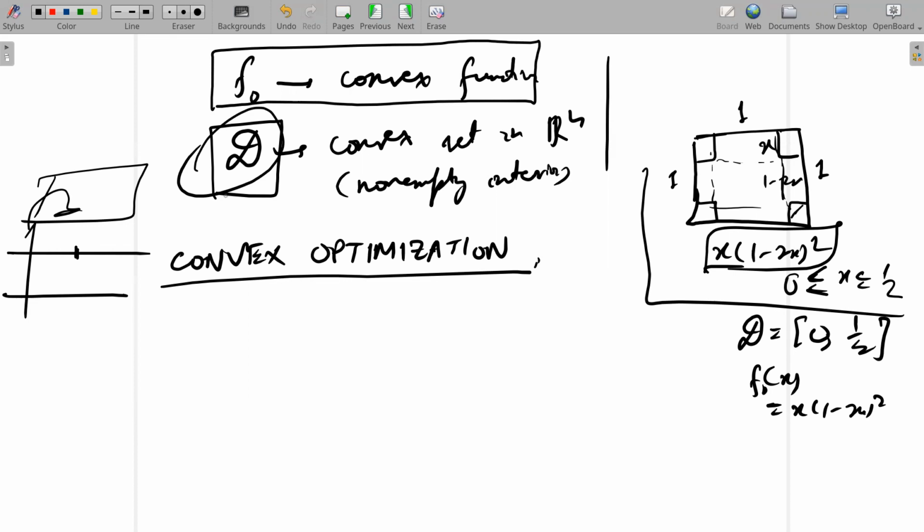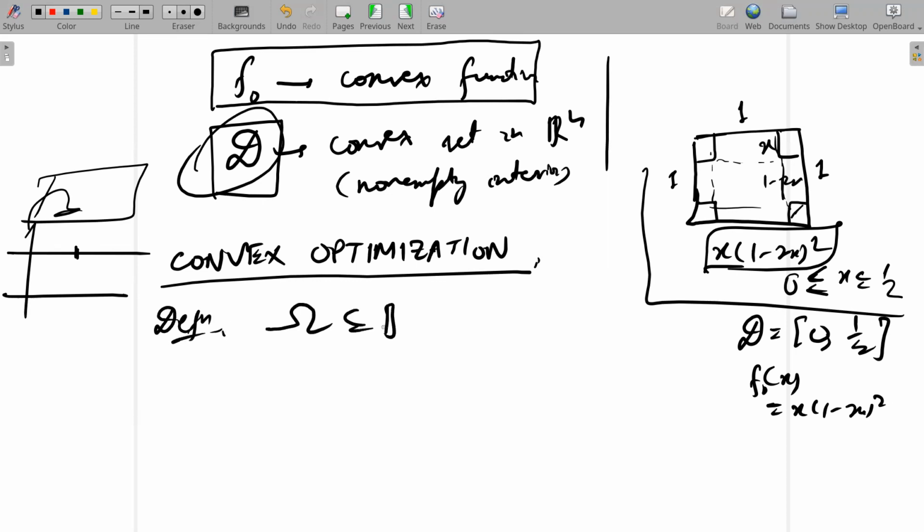So D, we think we know pretty well. Now, what about f_0? We'll start talking about f_0 today with the 10 minutes we have left, and we'll keep talking about convex functions next Tuesday. Once we feel like we understand convex functions really well, then we'll start talking about optimizing convex functions. All right, so let's start with the definition.